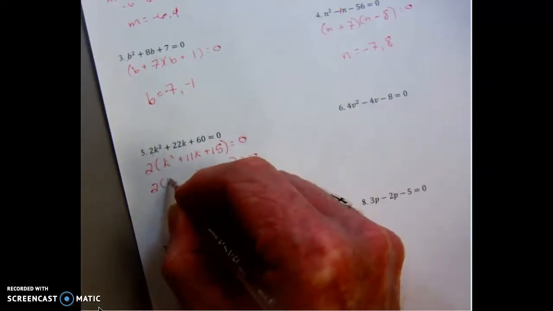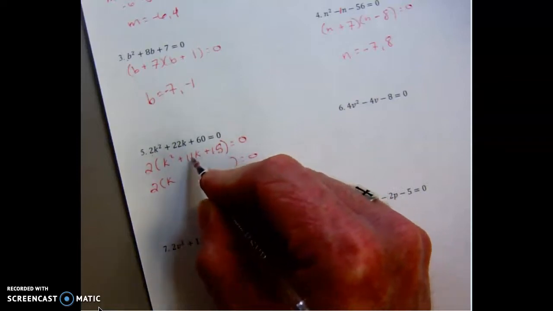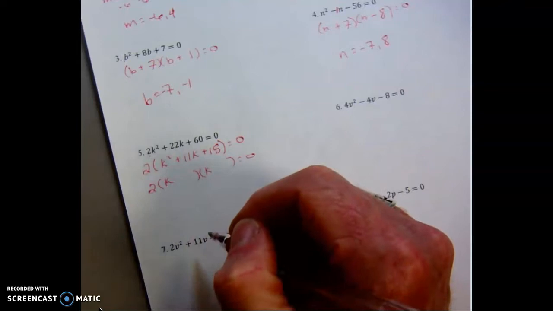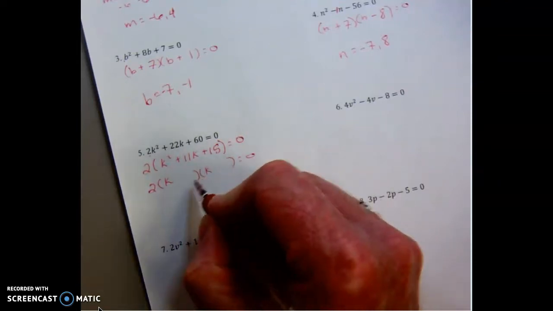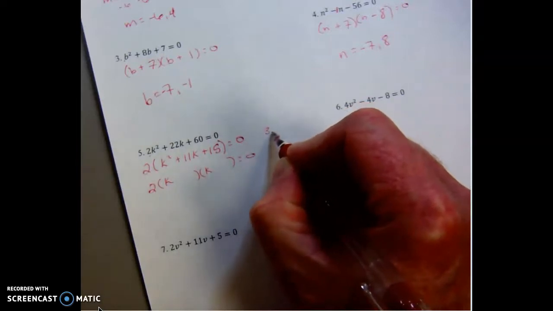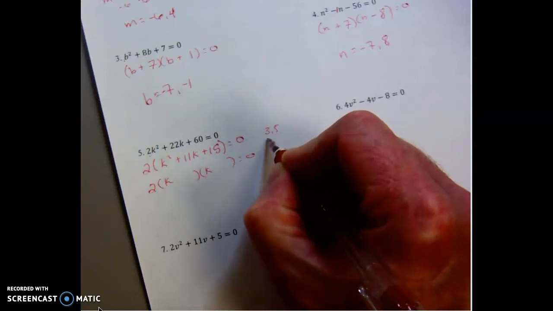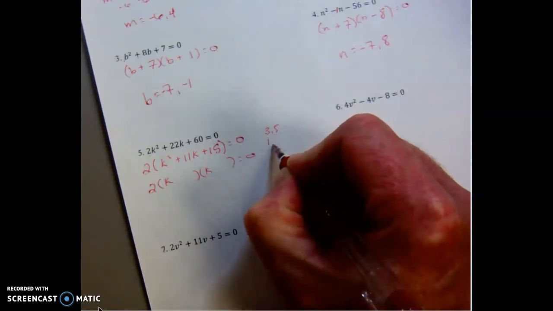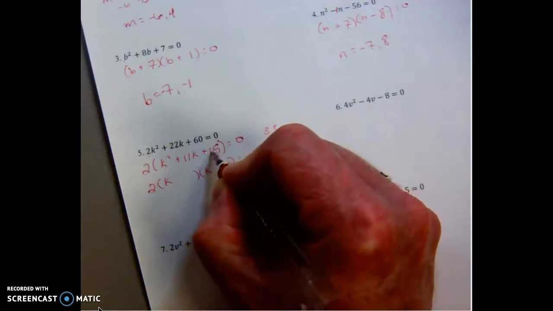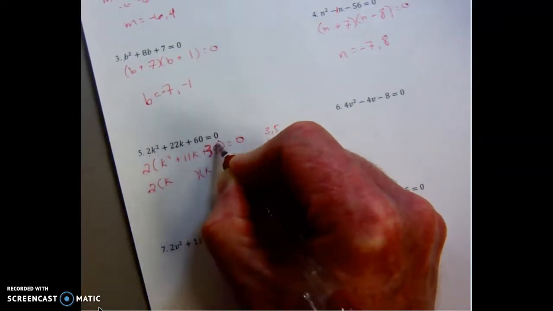I've got k and k. Factors of 15 that add up to 11. So I'm thinking 3 and 5, that's 8. 1 and, oh no, what am I doing? 60 divided by 2 is 30, not 15.